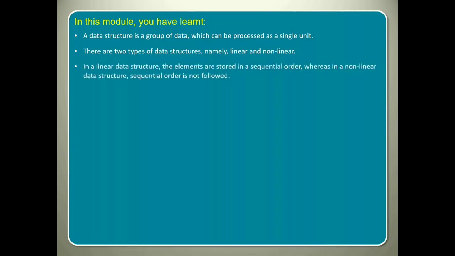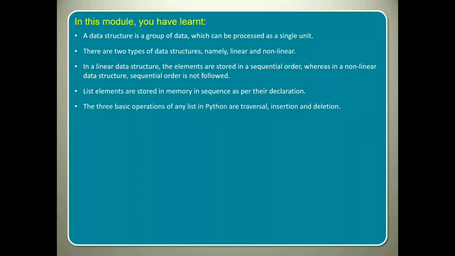In a linear data structure, the elements are stored in a sequential order, whereas in a non-linear data structure, sequential order is not followed. List elements are stored in memory in sequence as per their declaration. The three basic operations of any list in Python are traversal, insertion, and deletion.